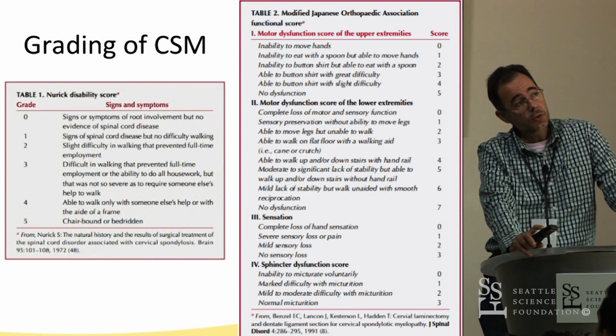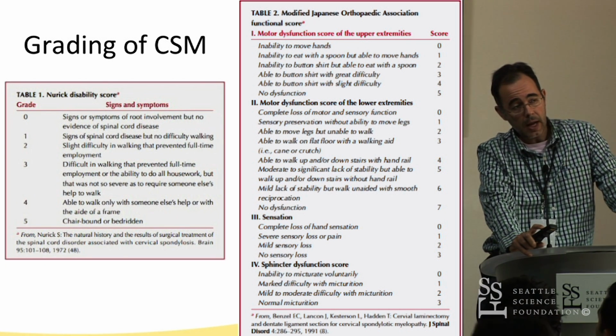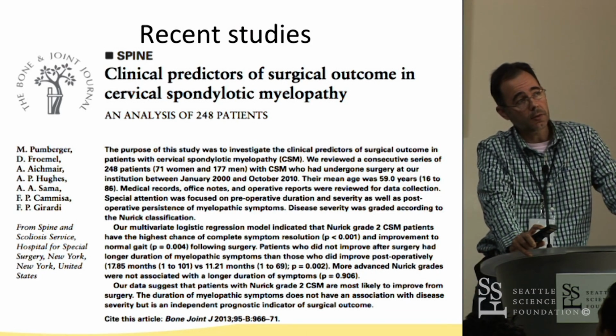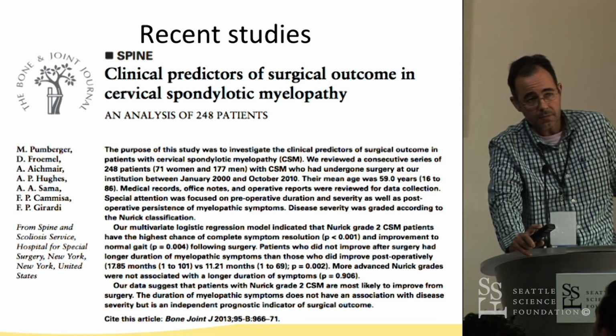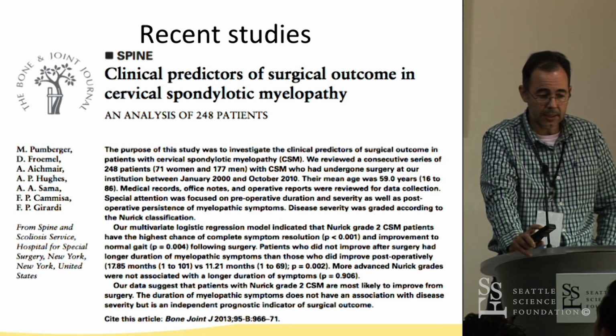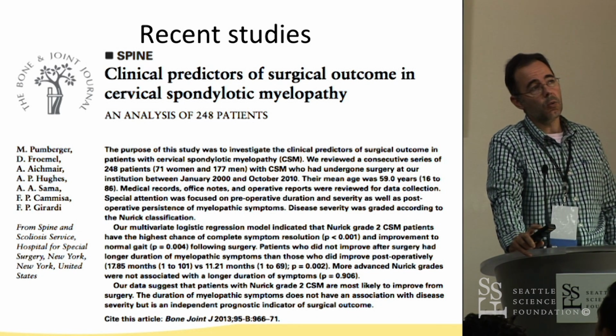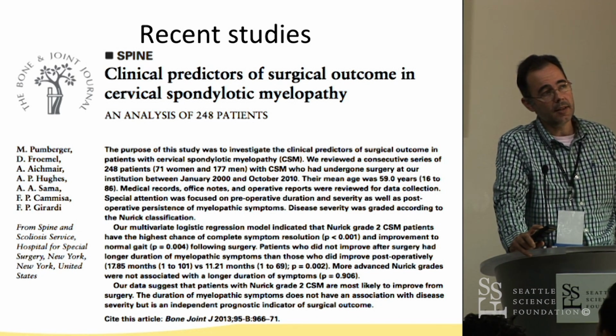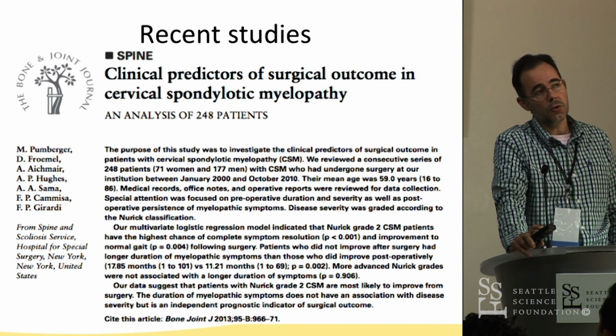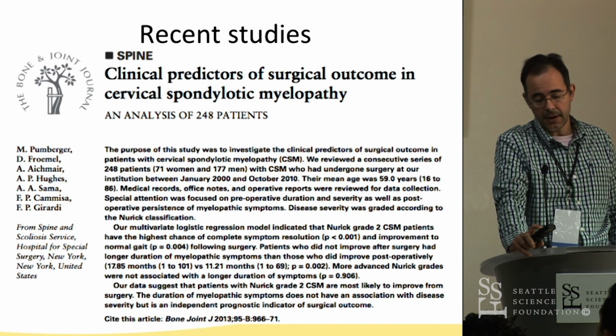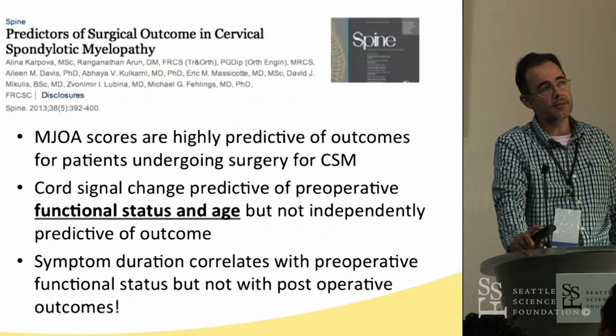Moving on to the grading of cervical spine myelopathy, it's been shown that cervical spondylotic myelopathy outcomes can be dependent upon what grade the patient's in. And in this study, the Nurick grade 2 patients did better than other Nurick grades.